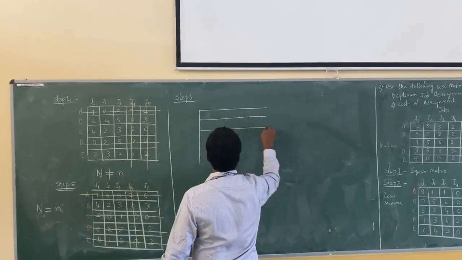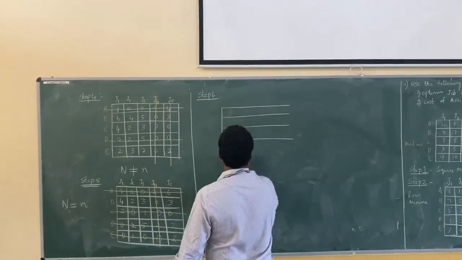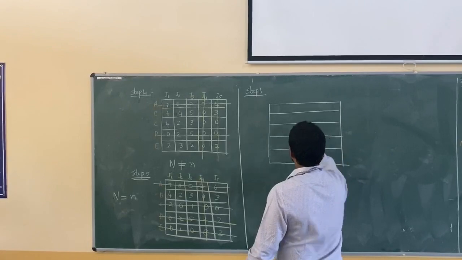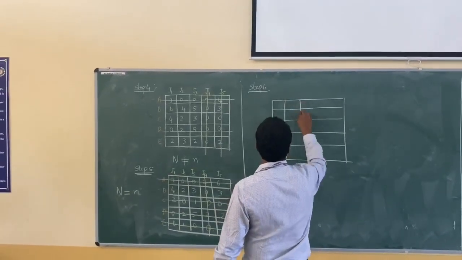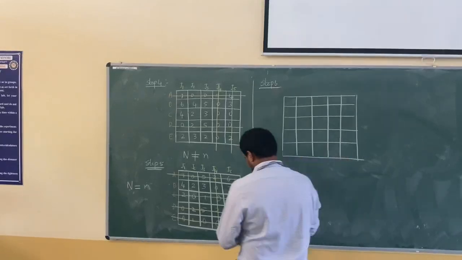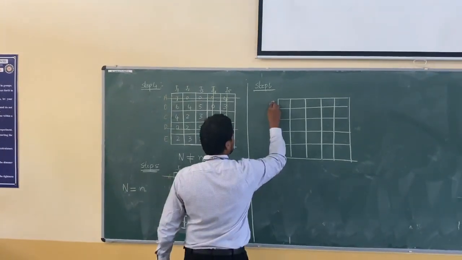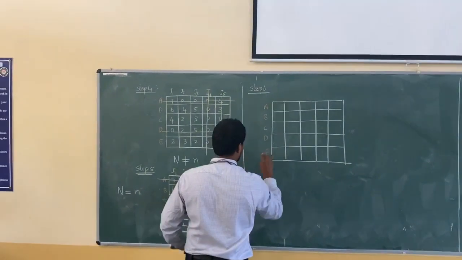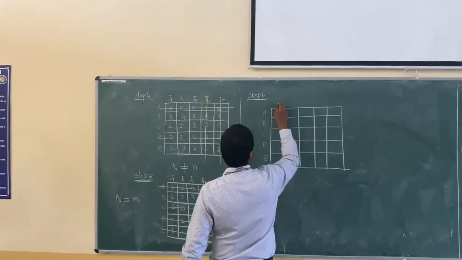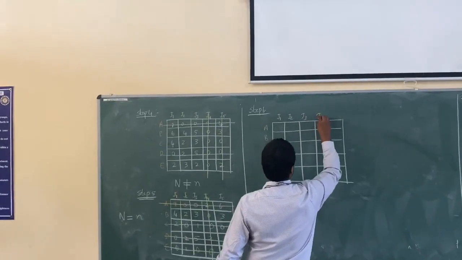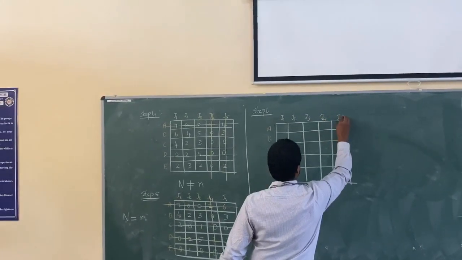1, 2, 3, 4 and 5. Here it is 1, 2, 3, 4 and 5. We have different machines, that is A, B, C, D and E. Here you have different jobs, J1, J2, J3, J4 and J5.